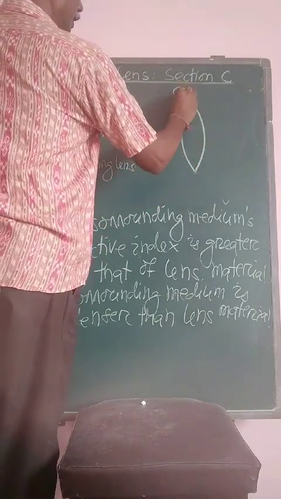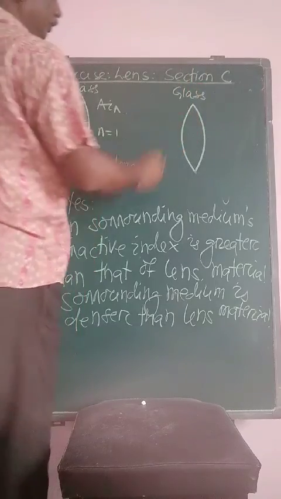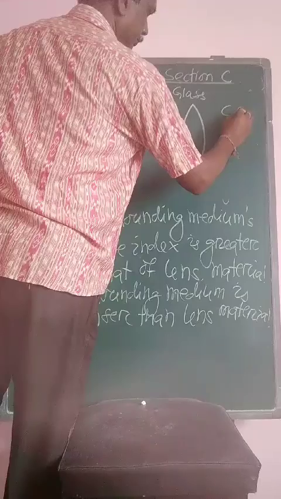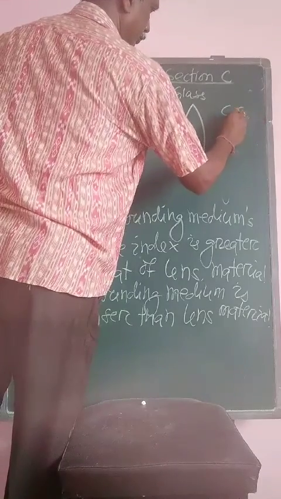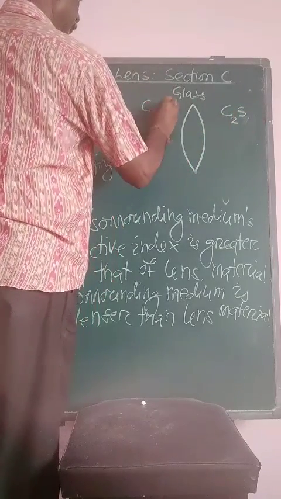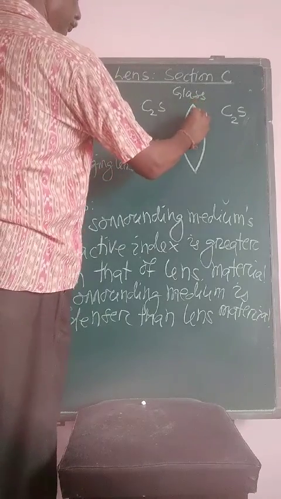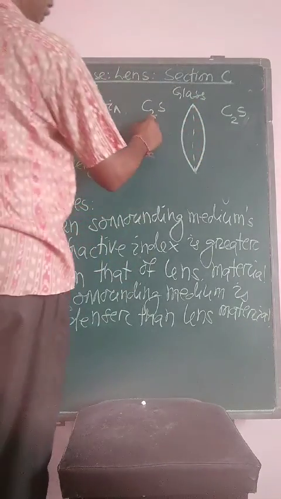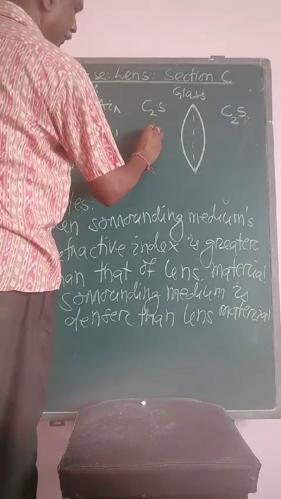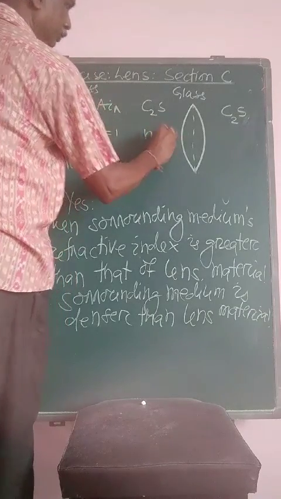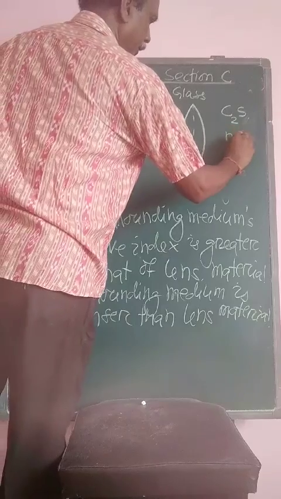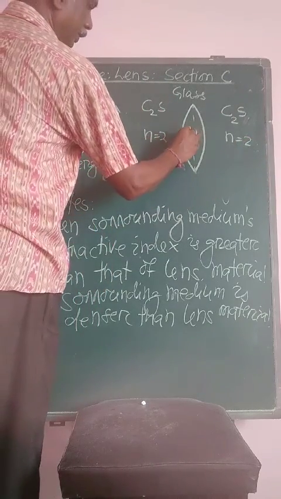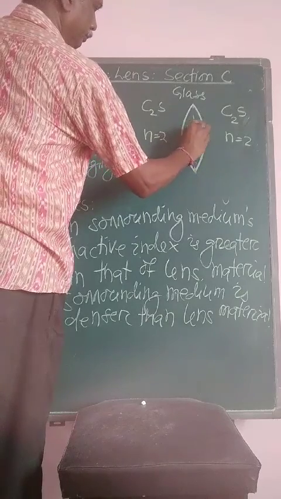Now suppose we dip it in a solution of carbon bisulfide. This is our glass lens. This is carbon bisulfide. Carbon bisulfide has refractive index of 2 and glass has refractive index of 1.5.